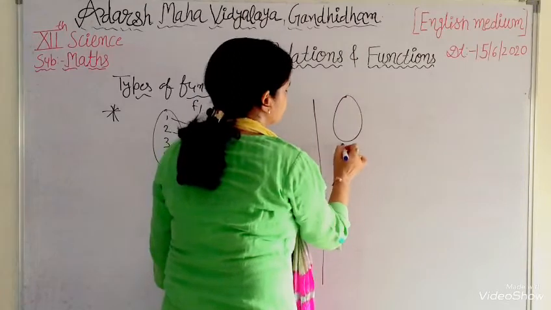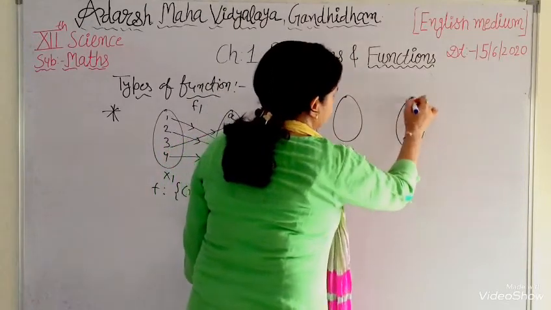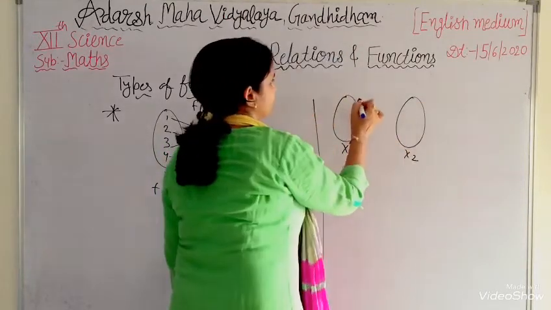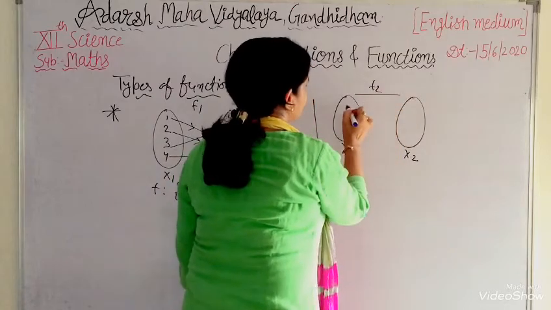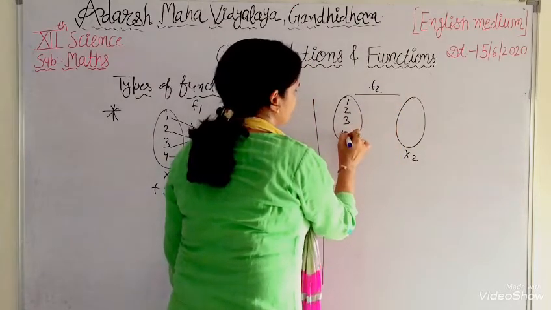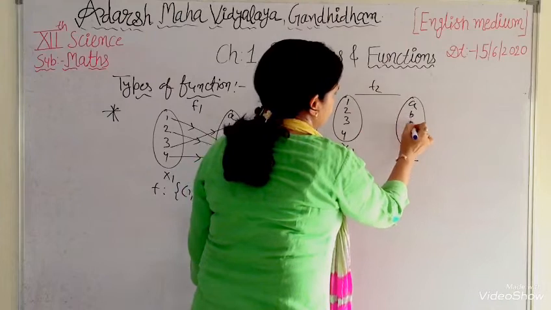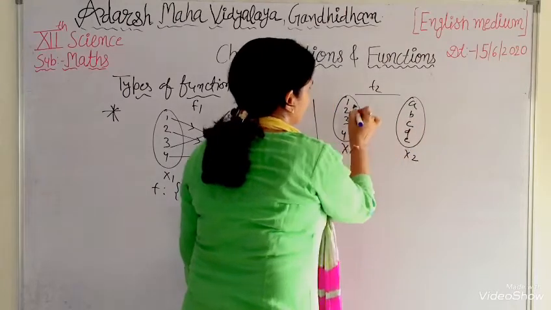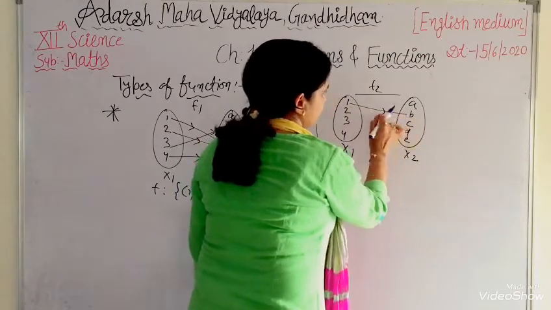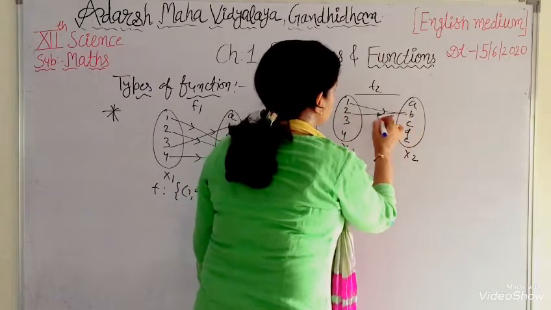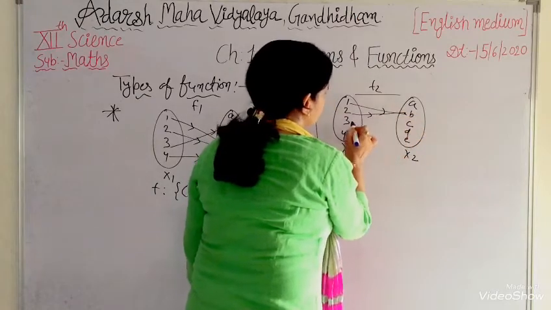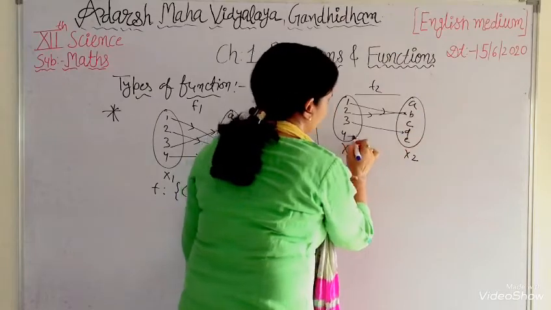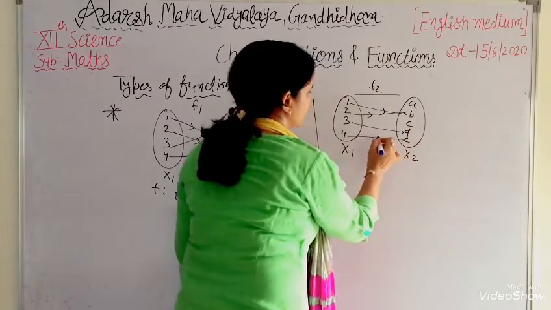Now next, let set X1, it's set X2. Function f2. 1, 2, 3, 4. Here it's A, B, C, D, E. 1 is related to B, 2 is also related to B, 3 is related to D and 4 is related to E, student.